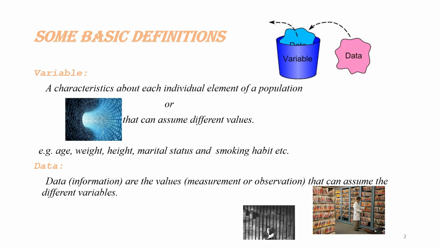For example, age, weight, height, marital status, smoking habits, etc. Data: data or information are the values of measurement or observation that can assume different values, or the sum of variables is called data.